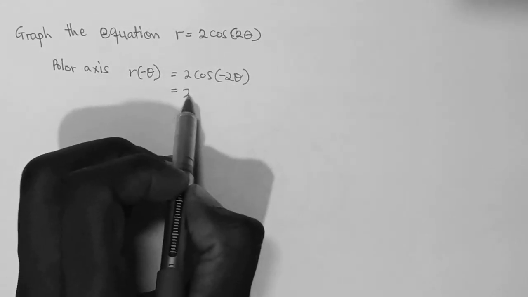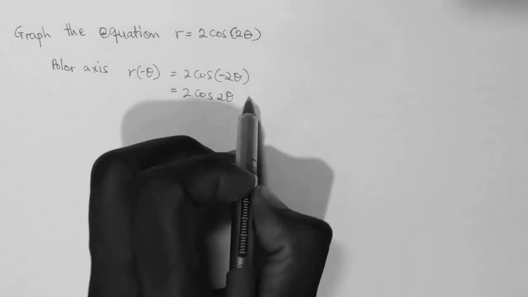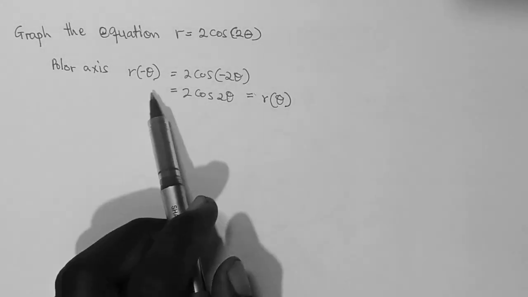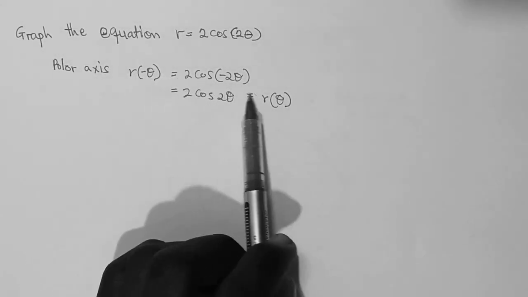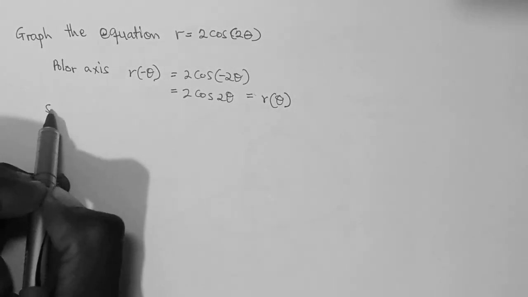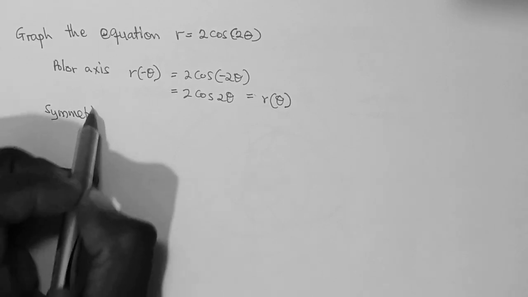And then 2 cos minus 2 theta is the same as 2 cos 2 theta, which is the same as r of theta. So since r of minus theta is equal to r of theta, it means that this equation is symmetric about the polar axis.